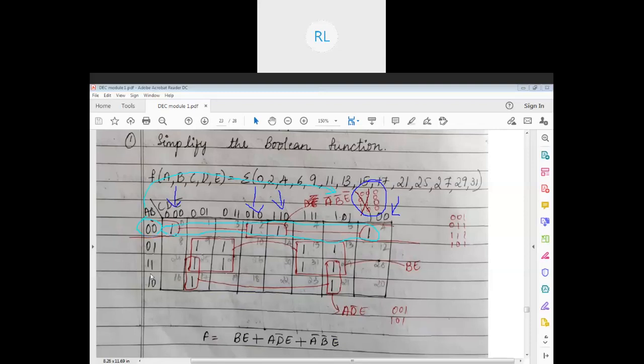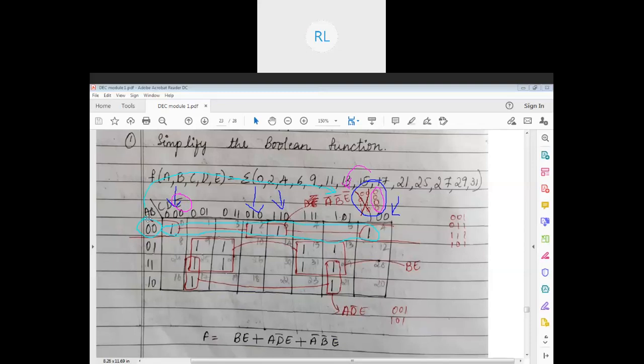Yeah, we can't cancel out, right? So the whole 0 that we have here is actually referring to which one? To E. So E is what here? 0, which means what? Low E. Low E means what? E bar, right? So that E bar is coming here. Understood?